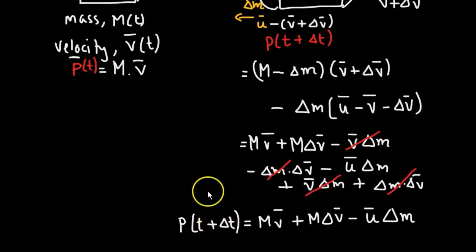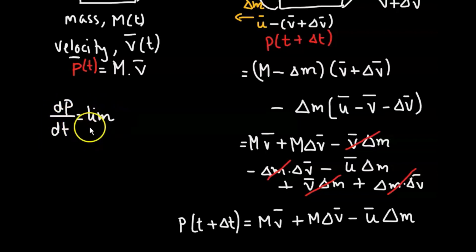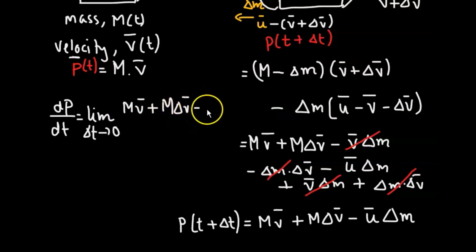So now that we have p of t and p of t plus delta t, let's try to find out the rate of change of momentum. So dp over dt will be simply equal to the limit with delta t going to 0 of p of t plus delta t, that means m v vector plus m delta v vector minus u vector delta m, minus p of t, that is m v vector, whole divided by delta t.